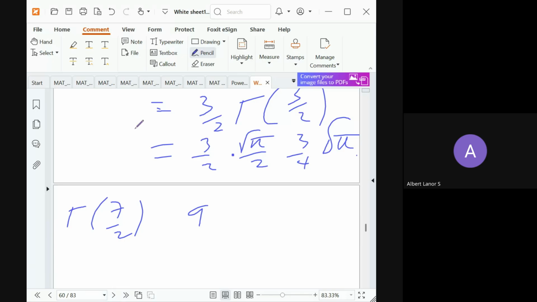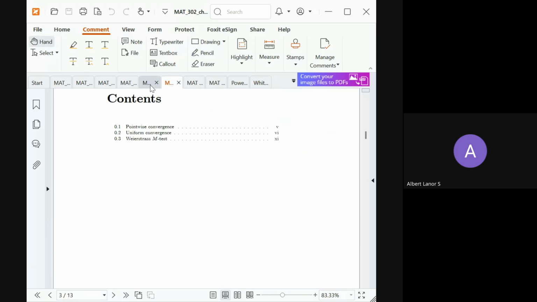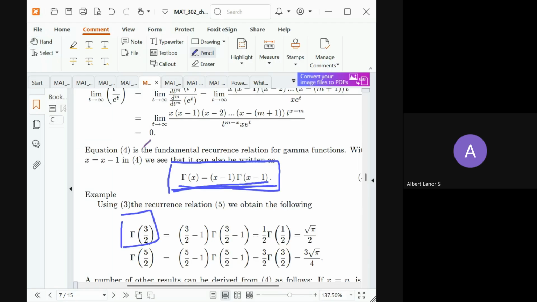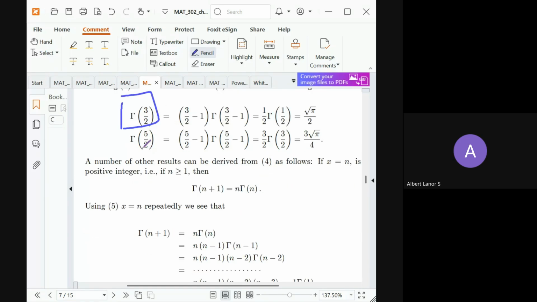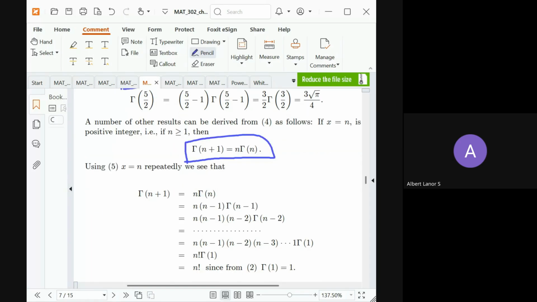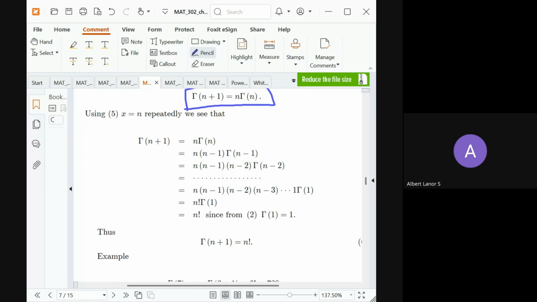All right, so we'll look at that one also shortly. All right, so in general, you have gamma of n plus 1 is equal to n gamma of n. All right. So that if you are using the subtraction, combining the two of them, you have n factorial.